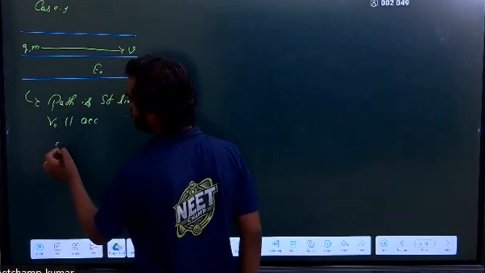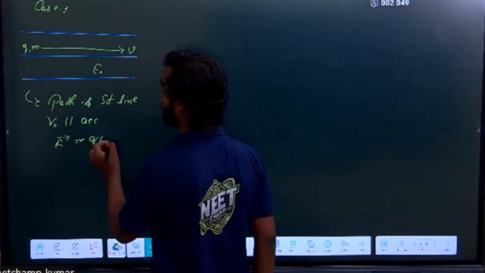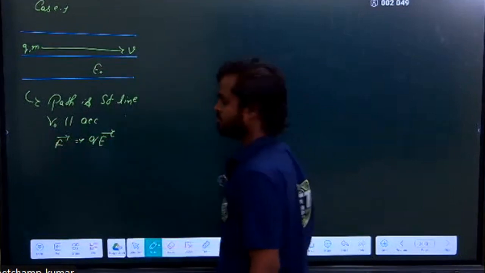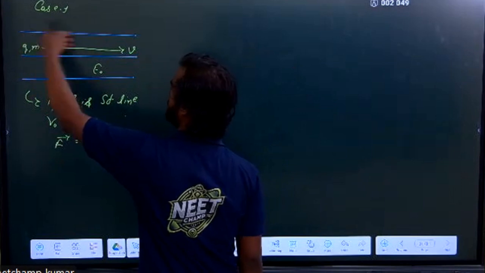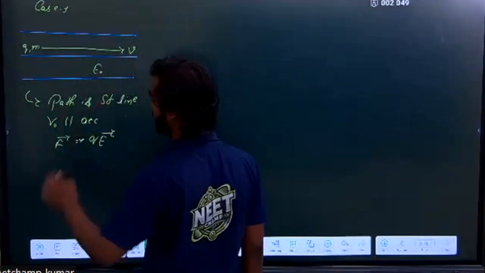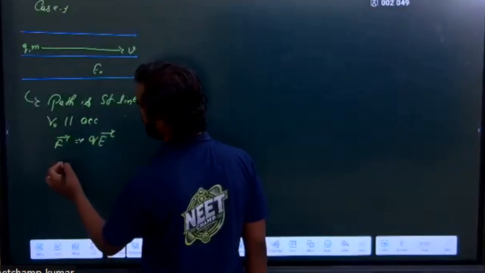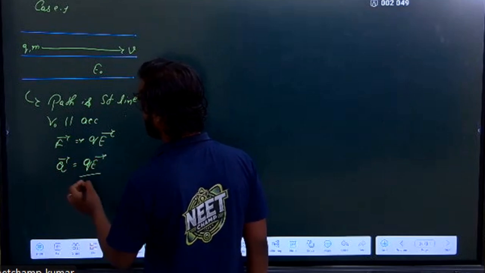Why? Because force is what? Force vector is equal to q into E vector, so both the vectors are in the same direction. On a positive charge, the force is along the direction of the electric field. On a negative charge, it is opposite to the direction of the electric field. So force is equal to qE, and my acceleration will be qE vector by m.